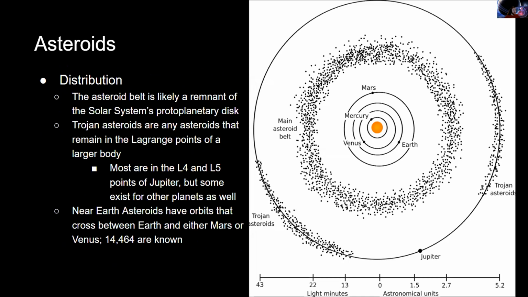And those asteroids in the asteroid belt are thought to be left over from that protoplanetary disk that Perry talked about earlier, that disk that formed the whole solar system. So those asteroids in the belt are sort of those planetesimals that are left over and never formed into a larger planet. And there's a couple of theories about why the asteroid belt is still left there and why those things didn't form into a larger body.